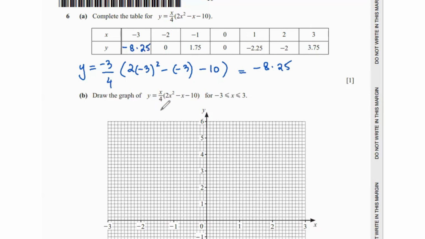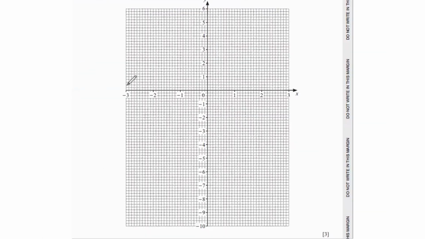Then it says draw a graph of y equals x over 4 times 2x squared minus x minus 10 for x greater than or equal to negative 3 but less than or equal to 3. So, the points: negative 3 and negative 8.25. That's clear.